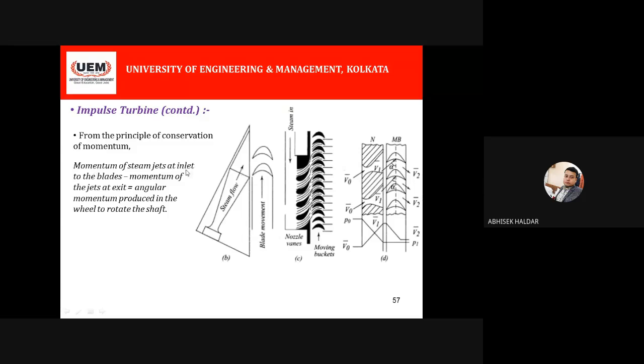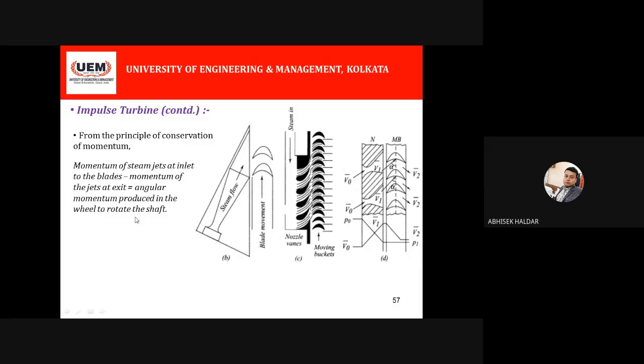This difference is equal to the angular momentum produced in the wheel to rotate the shaft. So this rate of change of momentum gives me the angular momentum, because the shaft is rotating.